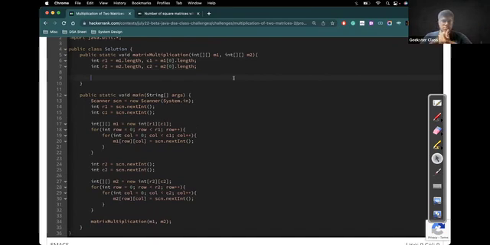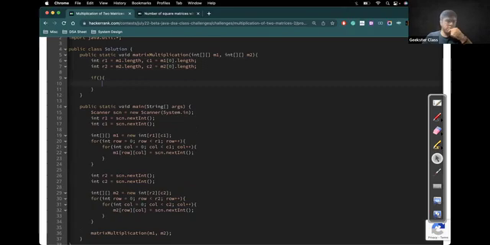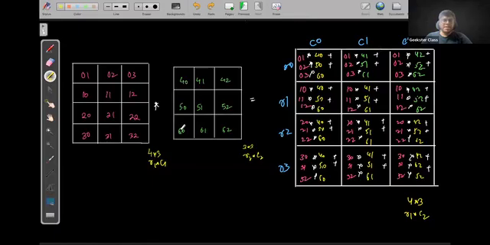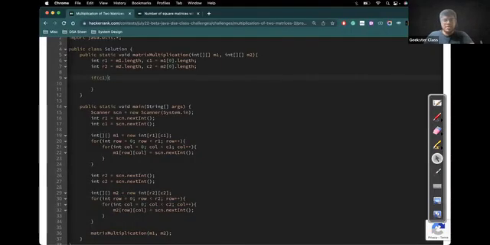Okay. Now, what is the condition when matrix multiplication is not possible? When was matrix multiplication possible? C1 should be equal to R2. The number of columns in the first matrix should be the same as the number of rows in the second matrix. So if C1 is not equal to R2, then it is not possible.